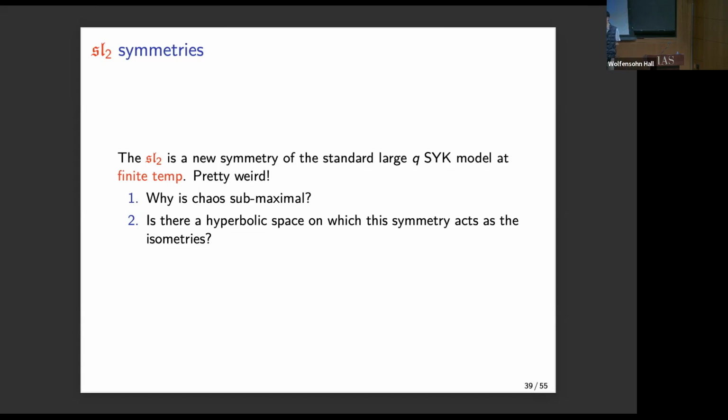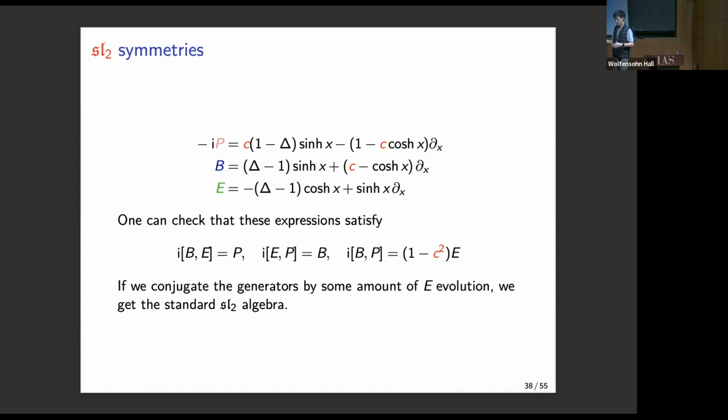So your big disk, does it give some geometric explanation of why the energy spectrum is bounded? Not immediately. But one thing you can say is, what is the period of the disk at very high energies?